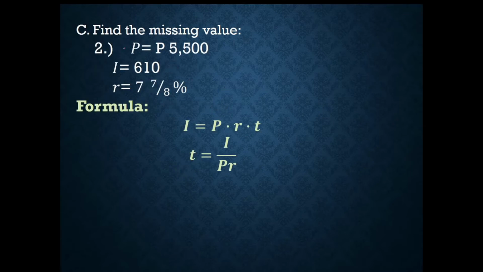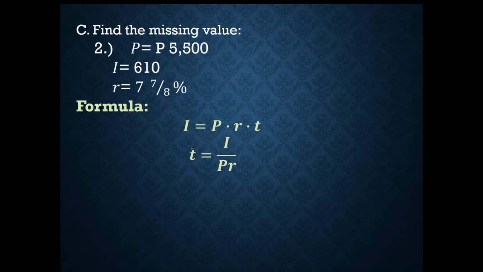Okay, let us now try another example. So we are again given an interest and a principal and a rate. However, there's no time indicated. So what we should be computing for is that unit of time T, or the term T. To solve for T here, we just manipulate the formula. Since we have I is equal to P times R times T, we could just divide both sides by P and R so that only T will be left on one side of the equation.